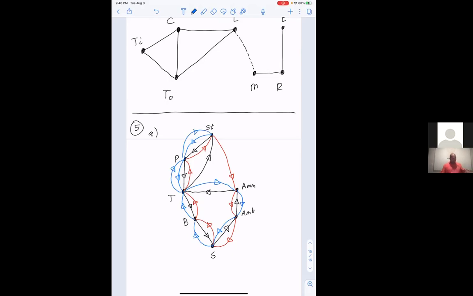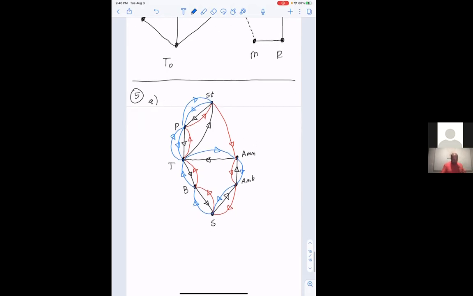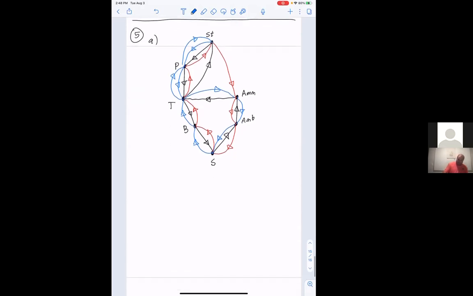Okay, so that was a directed graph. Now we want an adjacency matrix. Okay, the matrix. That's Starnberg, Polsenhofen, Tutzing, Ammerland, Bernried, Ambach, and Seeshopt. 1, 2, 3, 4, 5, 6, 7.